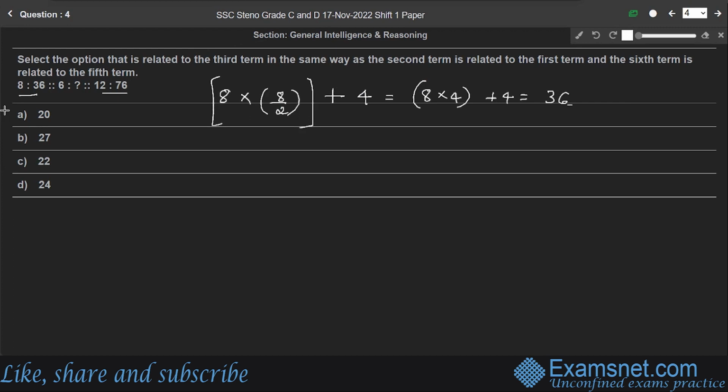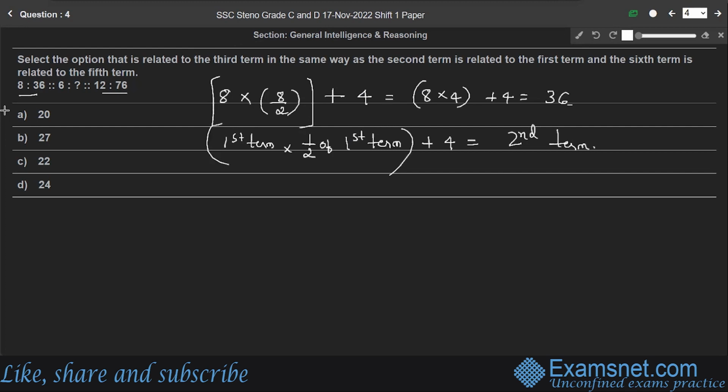So the logic is first term into half of first term, plus 4 gives the second term.